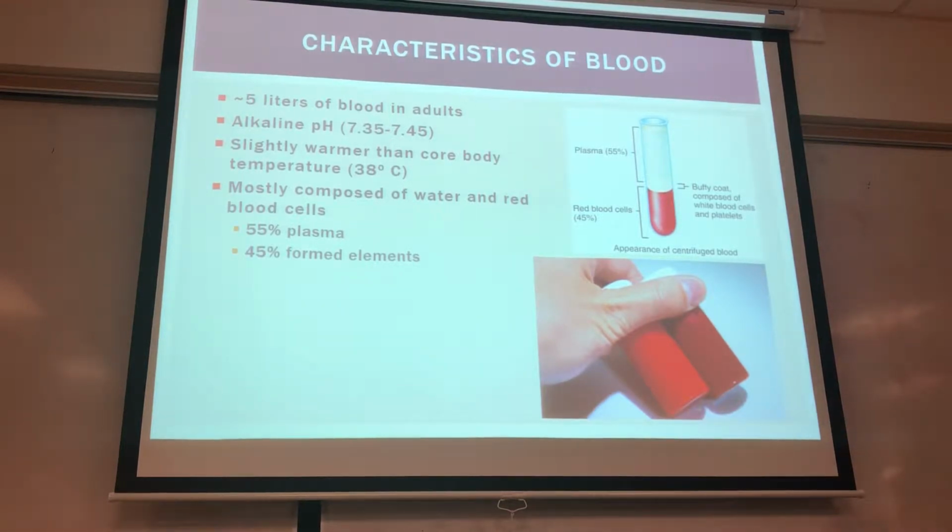If you look at the pH, the alkalinity of the blood, blood has a tendency to be alkaline, meaning it's about 7.35 to 7.45.